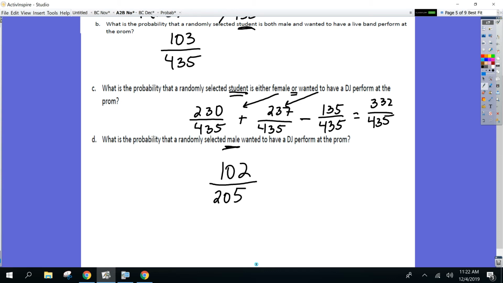Everyone see the difference there? You select a student, yes, now it's out of everyone, but now it's out of the males only. So 102 out of 205. Anything from you guys?